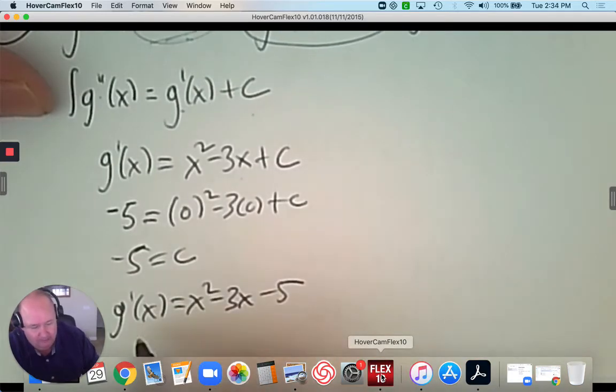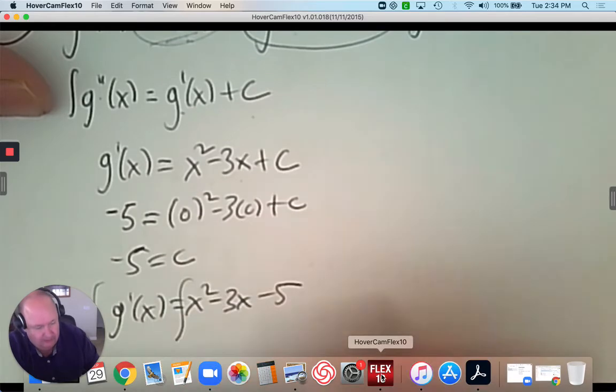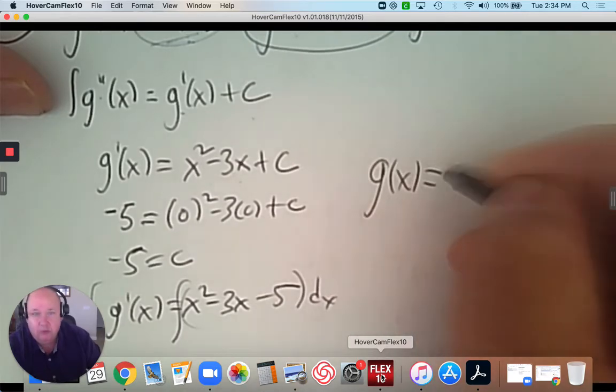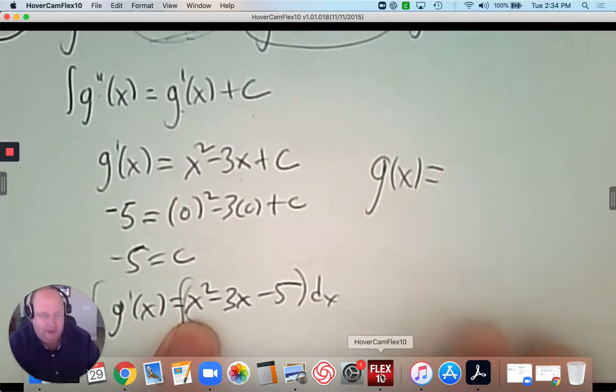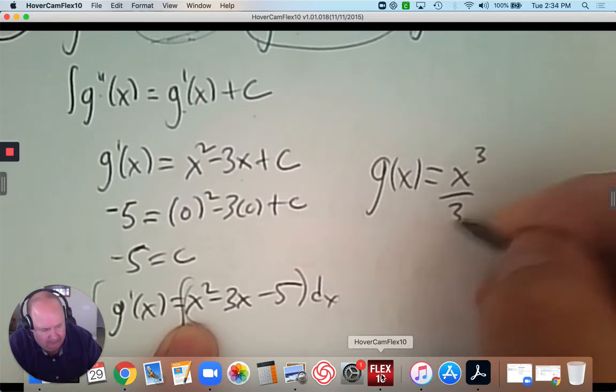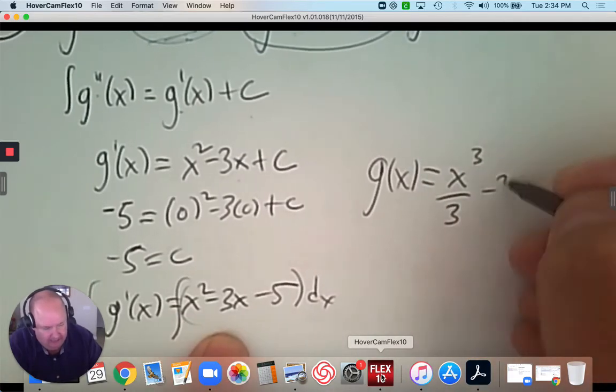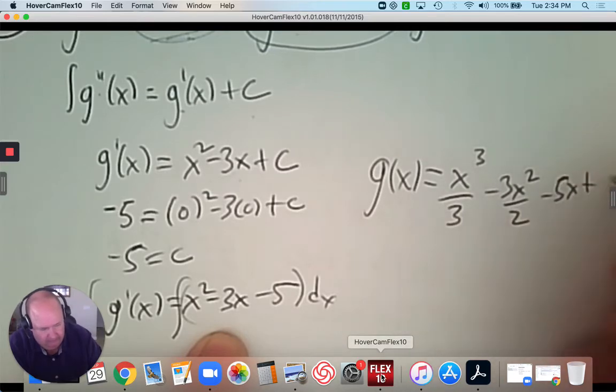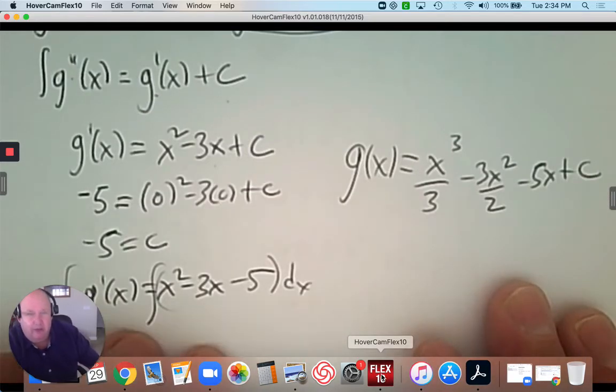Now one more time we need to integrate this. And when we integrate it, we find the function we're looking for. So one more time, we're going to add 1 to the exponent and divide. And then negative 5 is negative 5x. And don't forget the constant.